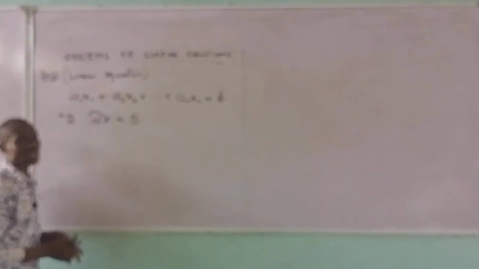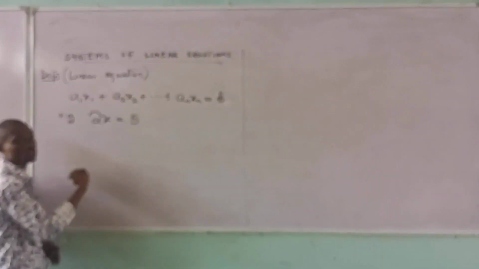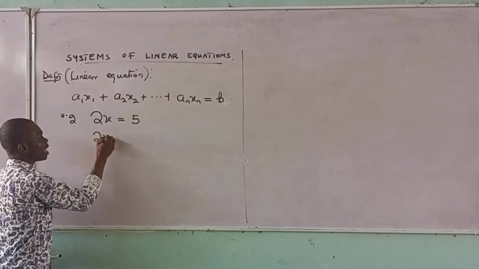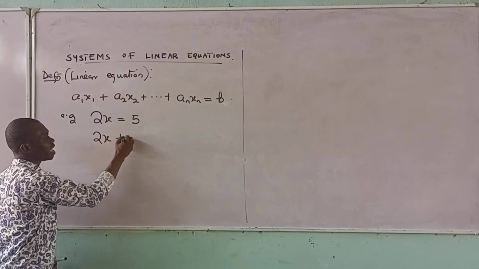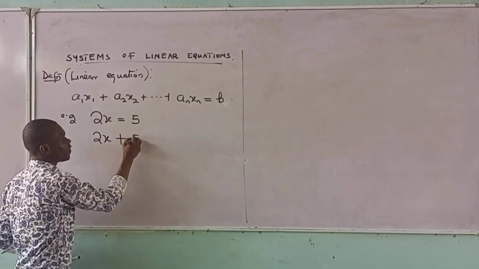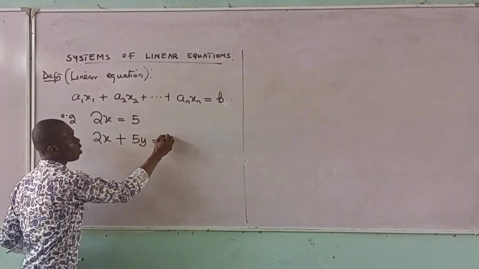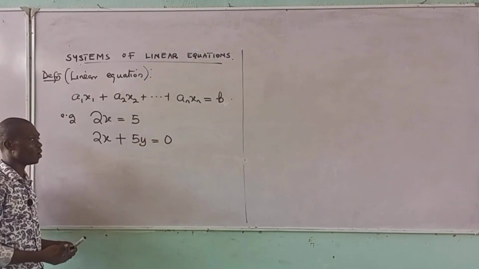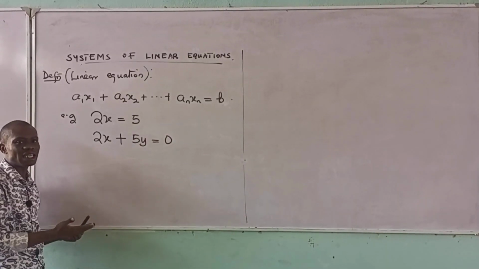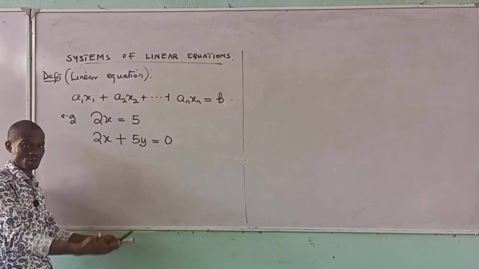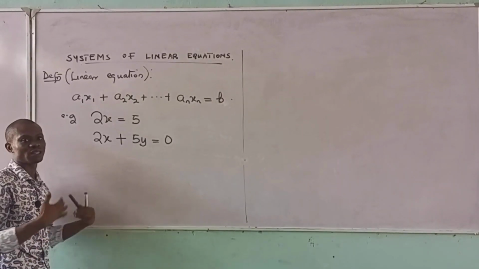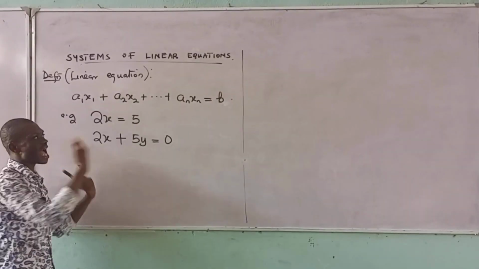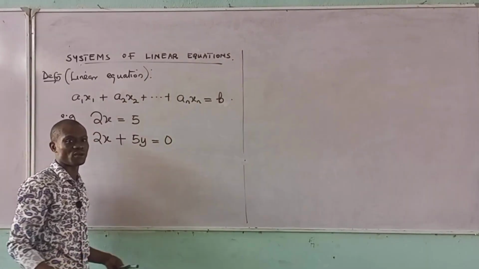You can also have examples of two variables, maybe 2x + 5y = 0. This now is a linear equation in 2 variables. We can have linear equations in 3 variables, 4 variables, and up to n variables.